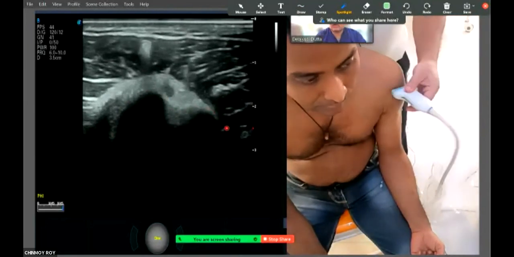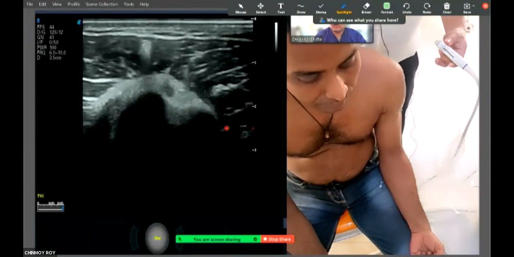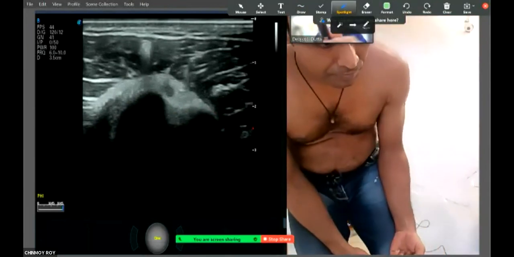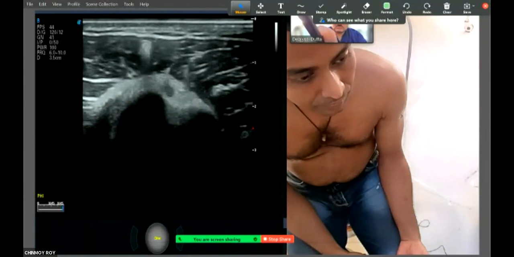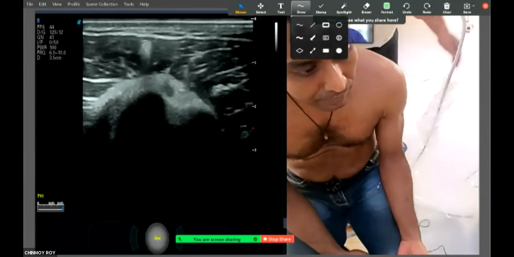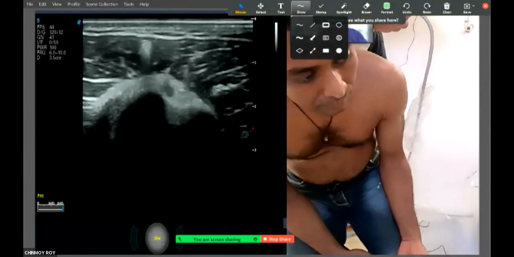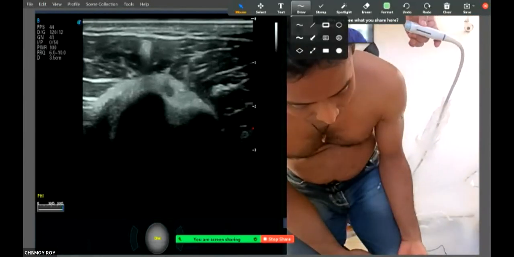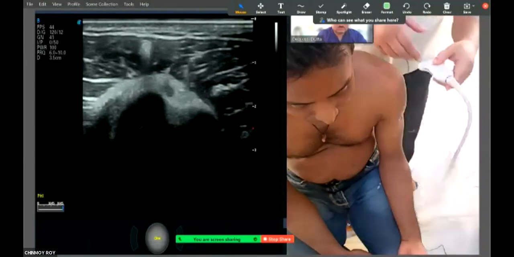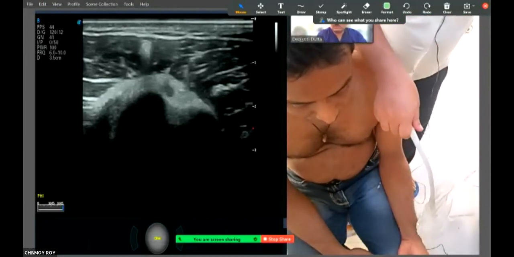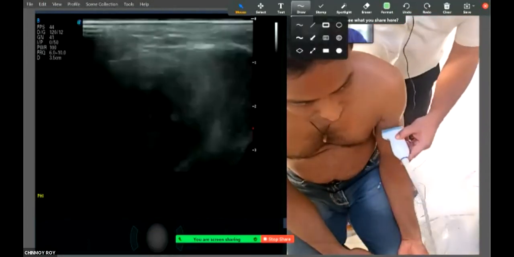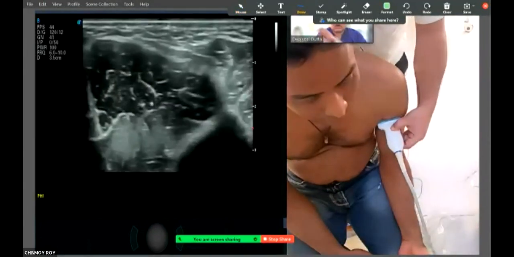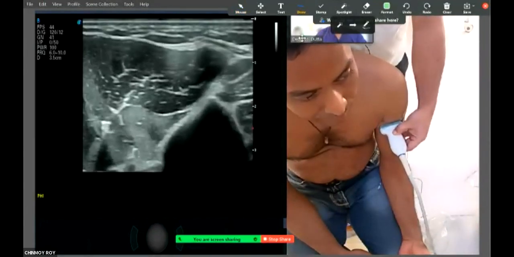So Dr. Devjyoti has marked. Devjyoti, you tell. One side, the medial side, is the lesser tuberosity, and the lateral side is the greater tuberosity. Again, I am showing the same place from here. You can see my probe. This is the humerus.